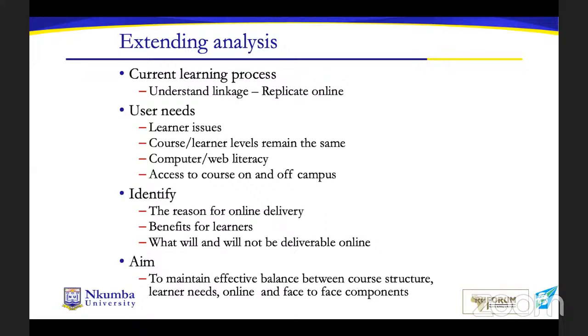What is their computer literacy? You may be wasting your time if people cannot use a computer at all. What is their web literacy? You are trying to get them into deep learning and you require them to search the web and come up with papers, but when their web literacy is almost zero, what do you expect out of that?